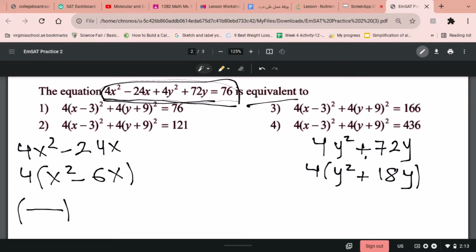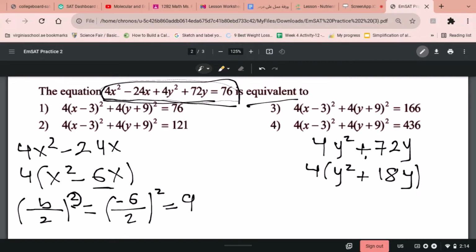So we use the rule for completing the square, which is (b over 2) squared. We know that b is 6 or negative 6. Don't forget the sign. It's not actually important because we have this square, but in case you put the sign, okay? So negative 6 over 2 squared. Negative 6 over 2 is negative 3, squared equals 9.